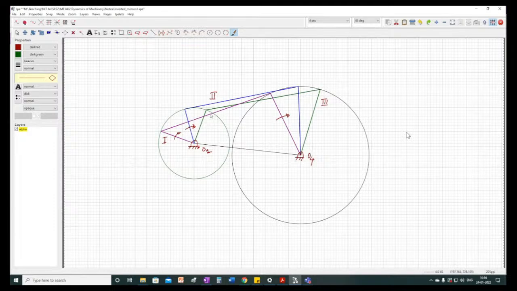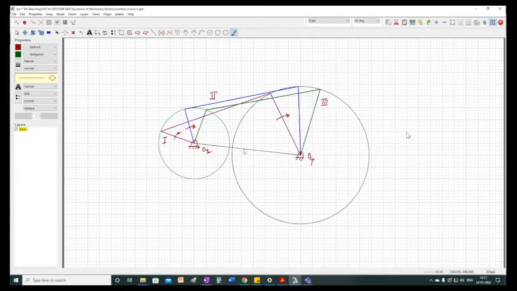You can see that for link 2 the other point is on a circle, and for link 4 one point is fixed and the other point is on this circle. So the geometric conditions are satisfied. I have also taken care that the length of the coupler is fixed here. So three positions of a four-bar mechanism are shown here. Do you agree with this?